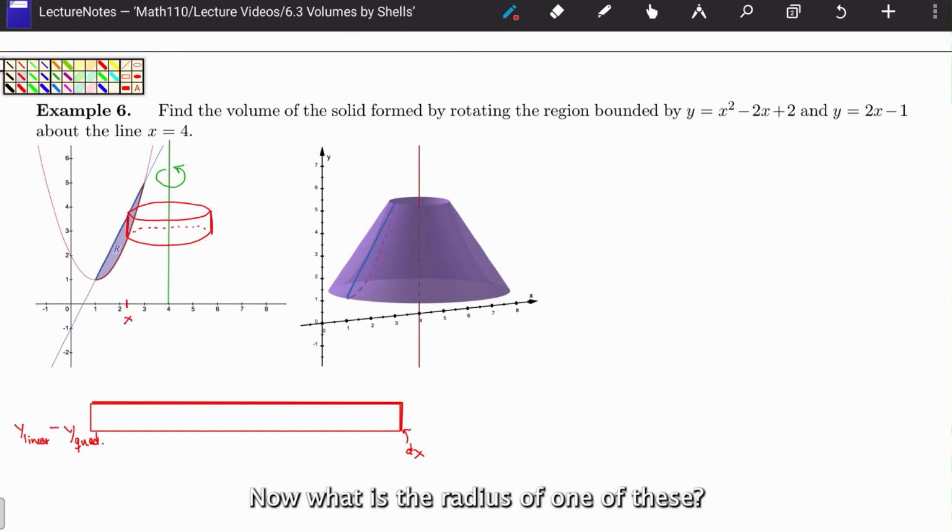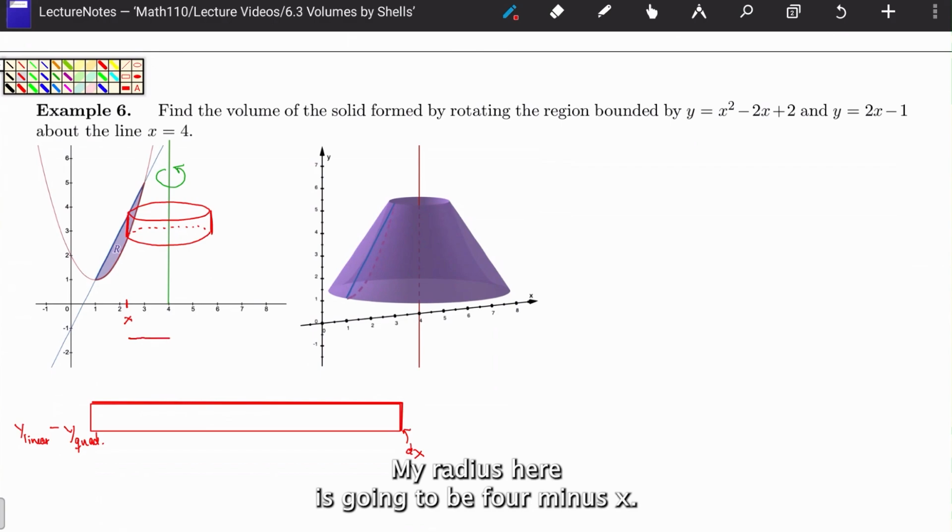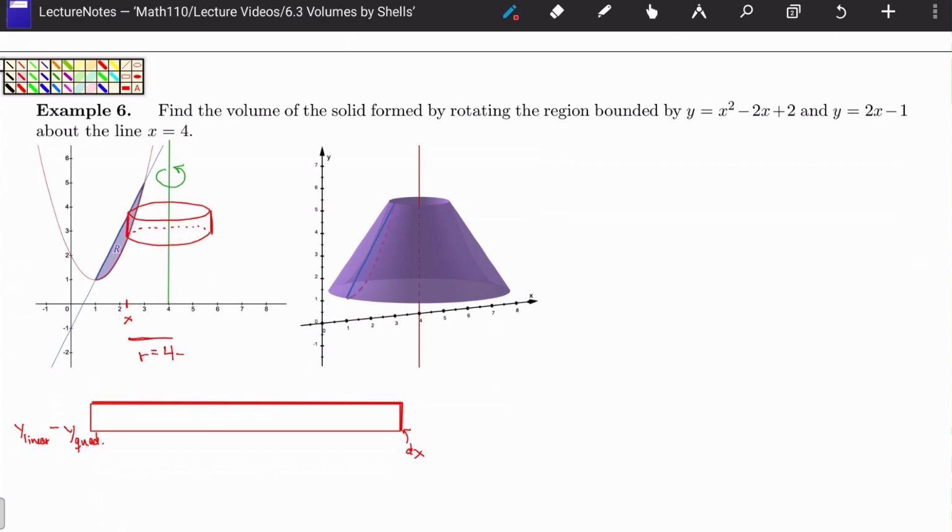Now, what is the radius of one of these? Here my axis of rotation is actually in front of my x value, so I am going to draw that here. My radius here is going to be 4 minus x. So that length is going to be 2 pi times 4 minus x.